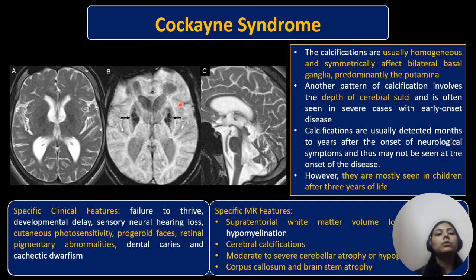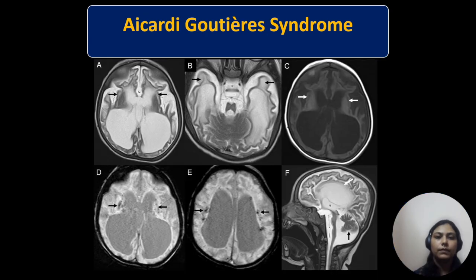These patients also show characteristic clinical features like cutaneous photosensitivity. They have characteristic progeroid faces and may have retinal pigmentary abnormalities. A close differential of Cockayne syndrome is Aicardi-Goutieres syndrome, where there is marked cerebral and cerebellar atrophy along with calcifications, but these calcifications are usually more heterogeneous and are also present in the periventricular location.